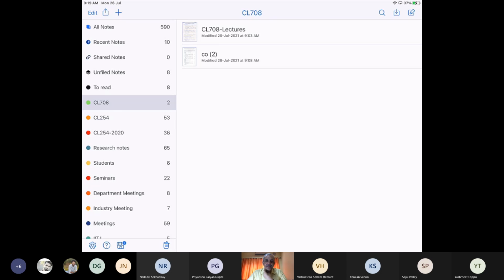I will let you know at least a few days in advance. And all the quizzes will be on Moodle. So they will either be multiple choice or some simple calculation where you have to put in the number.